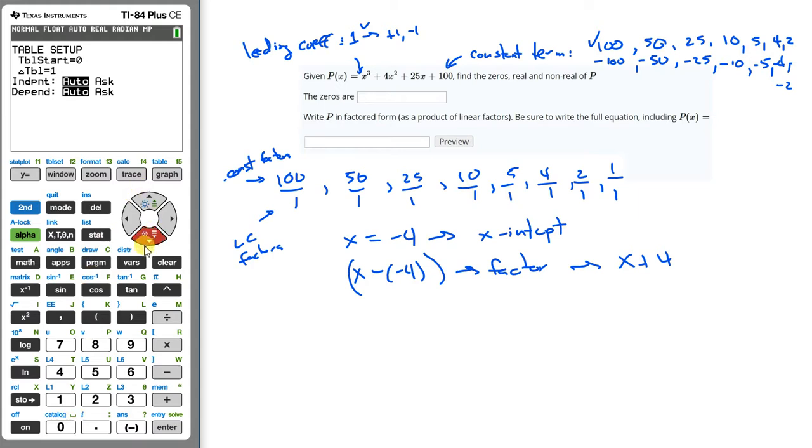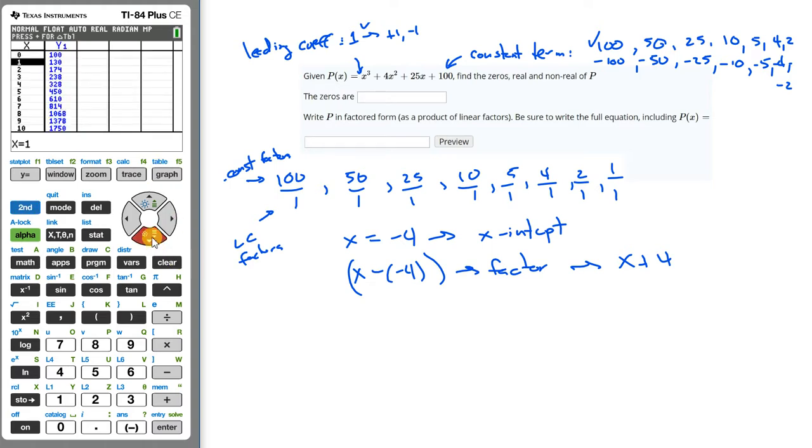The delta table is how much you change the x's by from row to row. So you're plugging in whole numbers. And now just generate your table. You can scroll up and down in your table and look for x values that give you a 0. Okay, and notice we see it right there. At x equals -4, we see a 0.